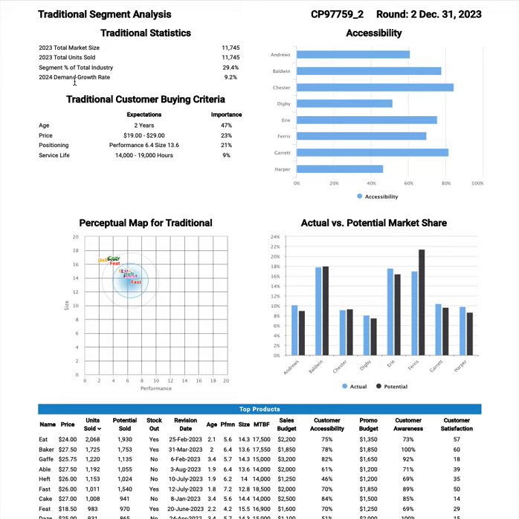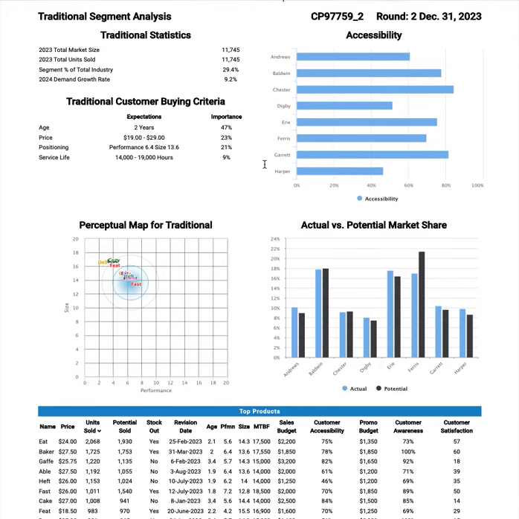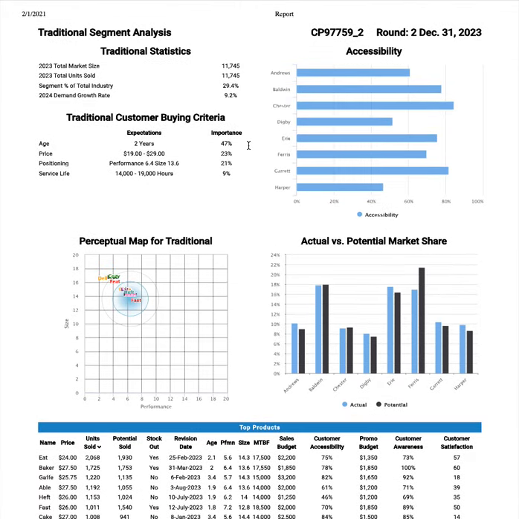Also, some of the teams may ask, how do you forecast the numbers for the product you want to sell? You can see that next year the demand growth rate is 9.2%. Then what you need to do is use this number times 1.92, come up with the total number, and then use that total number times the percentage of the market share in this particular market.